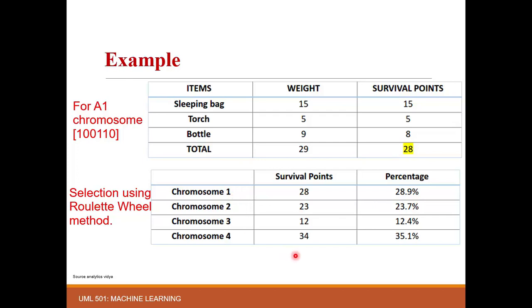Similarly for chromosome 2, 23 must be divided by the entire sum of the survival points to get the value 23.7, which represents the proportion of the wheel covered by chromosome 2.